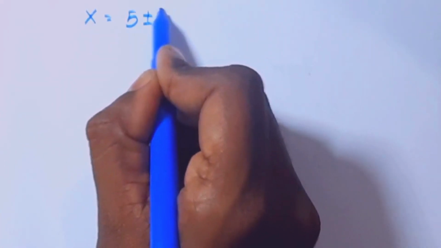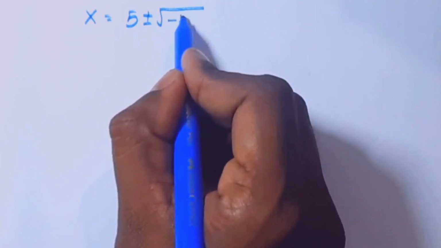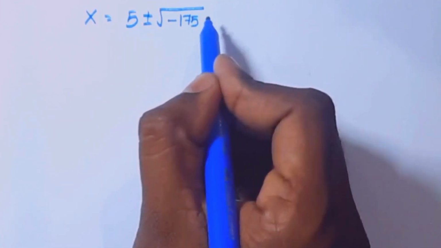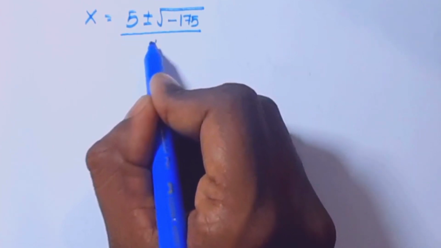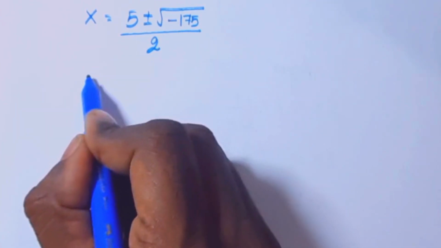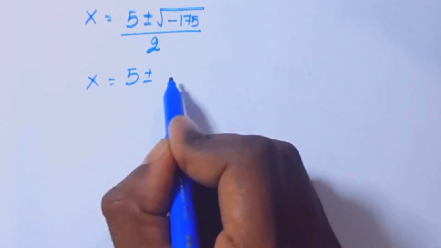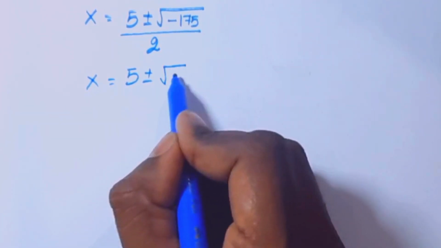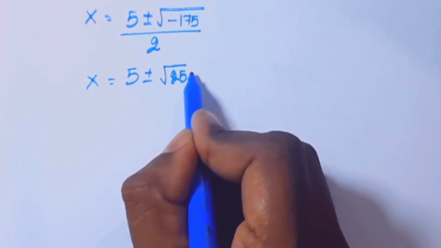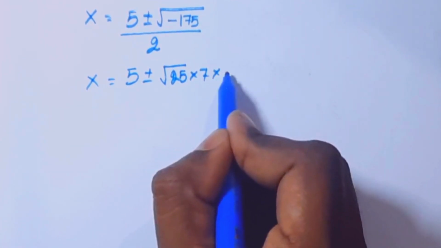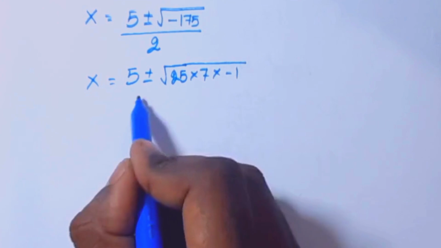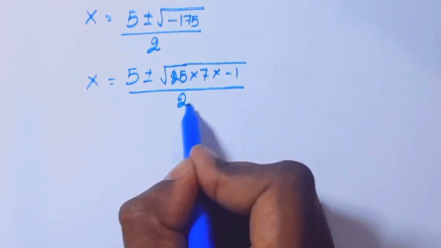Now x equal to 5 plus or minus square root of minus 175 by 2 times 1, which is 2. Now x equal to 5 plus or minus square root of 25 times 7 times minus 1, by 2.